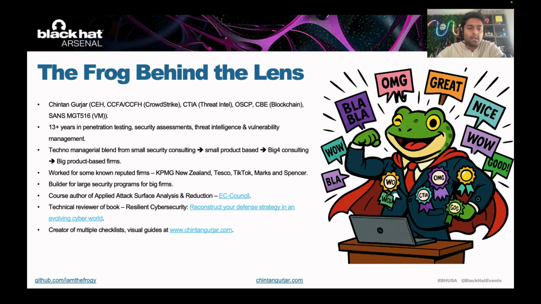And I'm the creator of multiple checklists and visual guides, which you can easily find on my website, chintangurjar.com. I was a co-trainer at Hackon 11 in Norway, where I supported the head coach for the Android and iOS hacking for 2 days, and I have done my master's in cybersecurity from the UK.